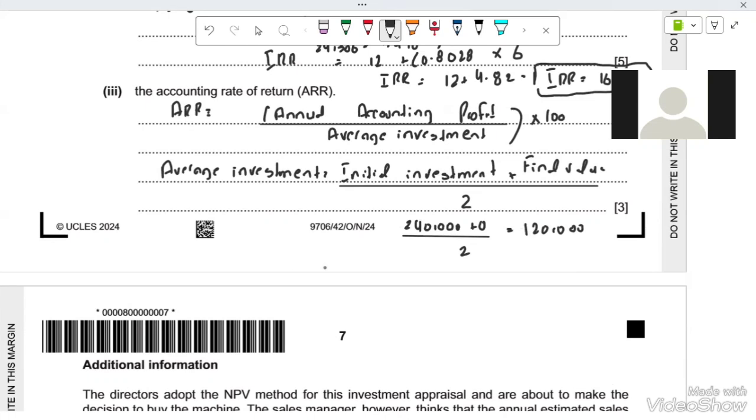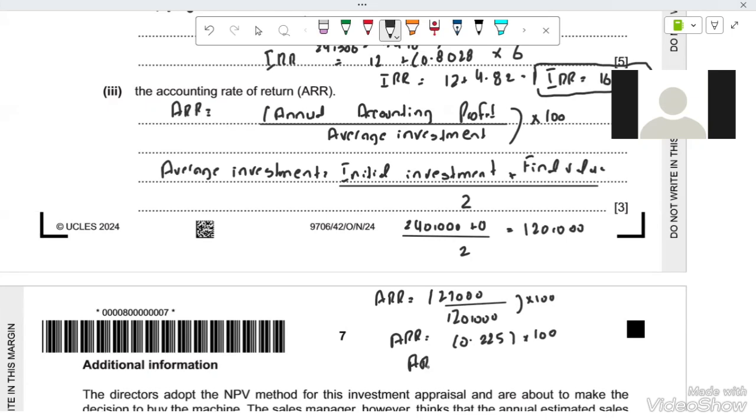Now to find the ARR, my annual accounting profit, which is $27,000, divided by 120,000, multiplied by 100. If you divide this, you get 0.225 multiplied by 100.